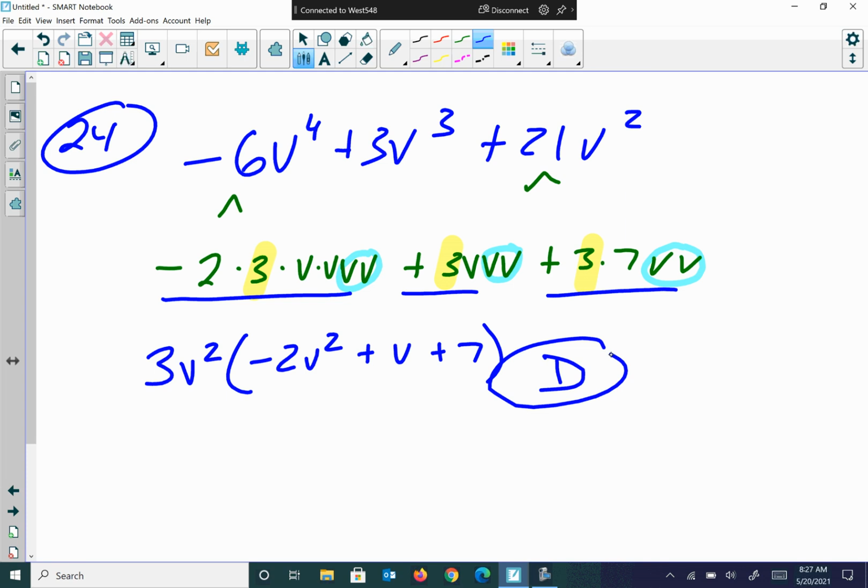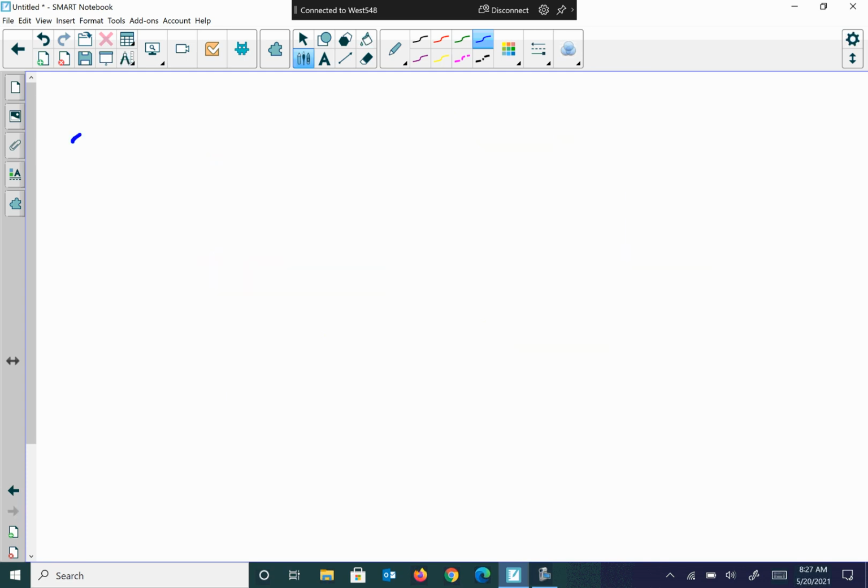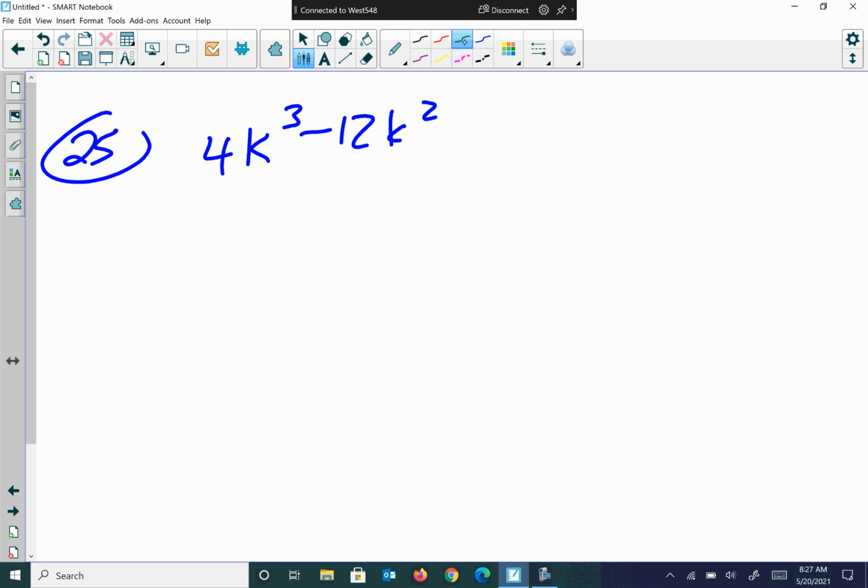And then 25 is done the same way. So I have 4k to the 3rd minus 12k squared. So that's 2 times 2, and then k minus, that's going to break up to 3 and 4. 4 breaks down to 2 and 2, so I get 3, 2, 2, kk.